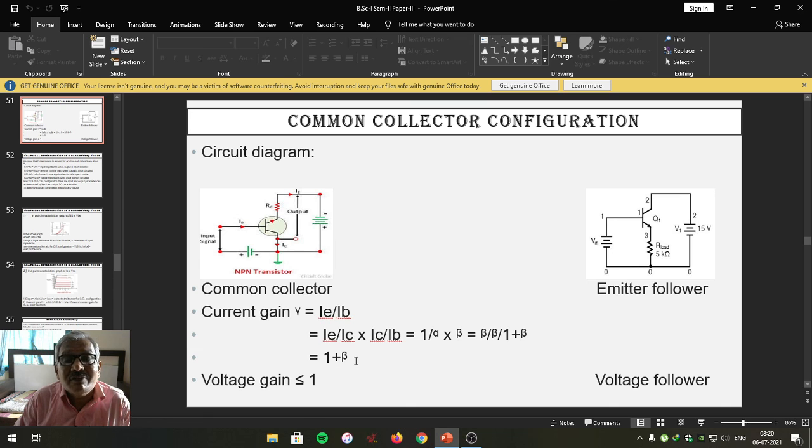Current gain is greater than 1 in common collector configuration, whereas voltage gain is less than or equal to 1 because output voltage is nearly the same as input voltage.